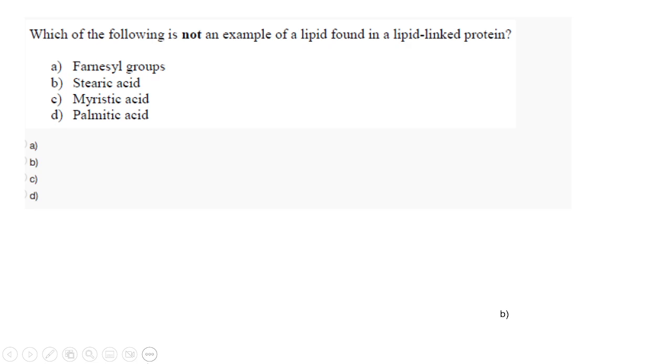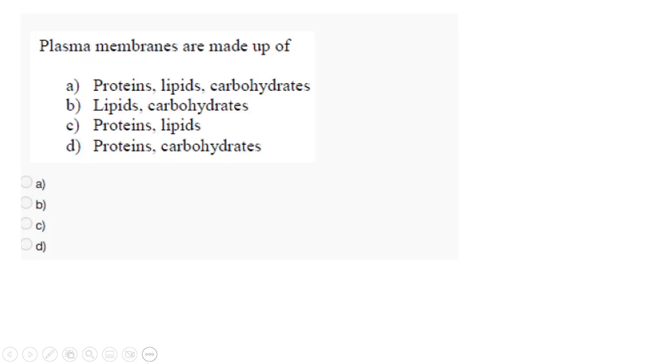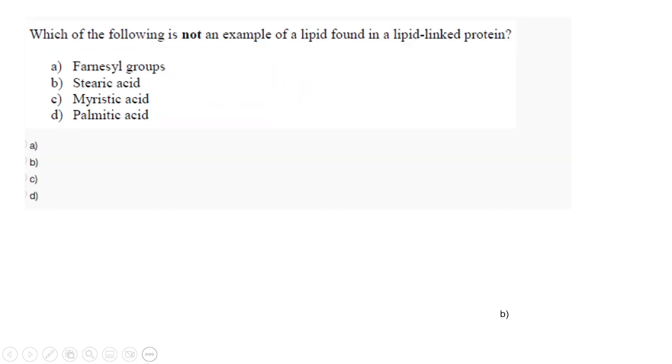So it is stearic acid. Option B is correct over here.